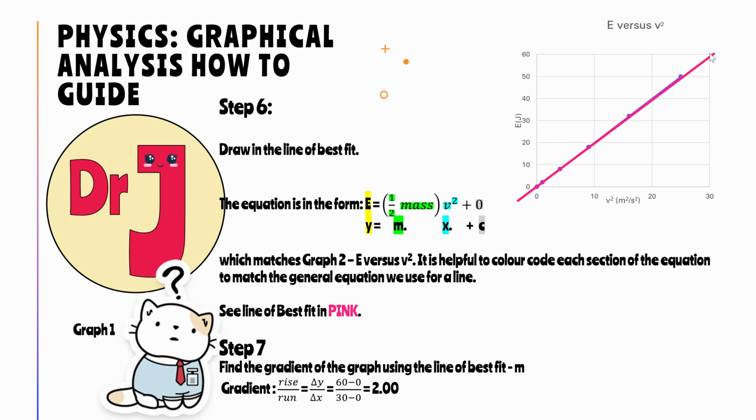So I've got this point here and this point here, and that will give me a gradient of 2. Make sure that when you're finding your gradient that you get your points as far away from each other as you can. Use the biggest expanse of the line of best fit as you can to minimize error.